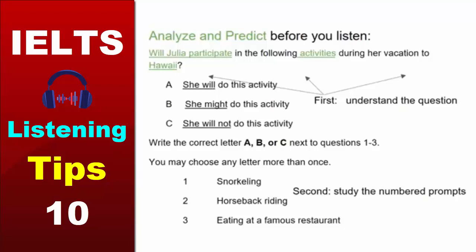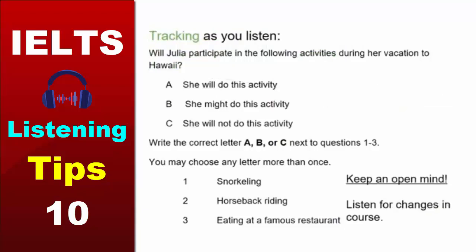Just keep that in mind, that these activities are ordered in this way because we can expect a definite answer of yes, maybe, or no to each of these, one before the other, by the speakers in the passage. Now, as we have seen in other question types, for example, multiple choice in particular, just keep an open mind always. The speakers can change their minds, okay?